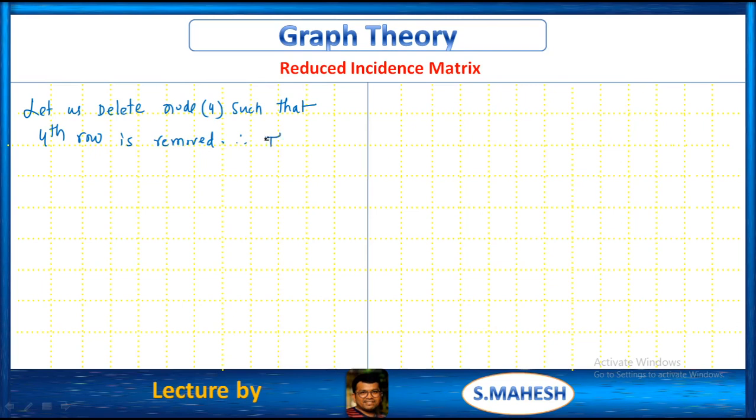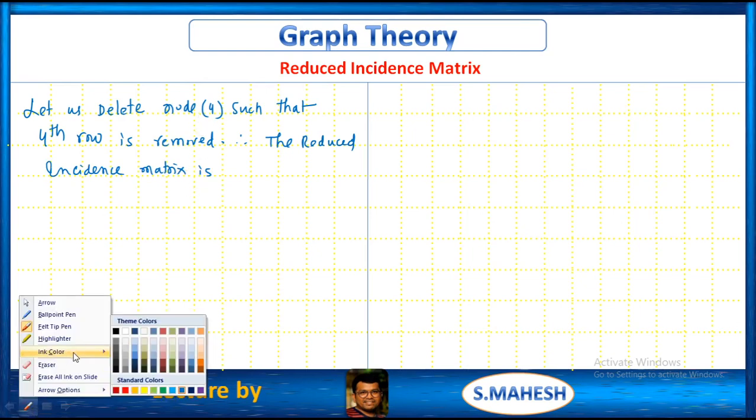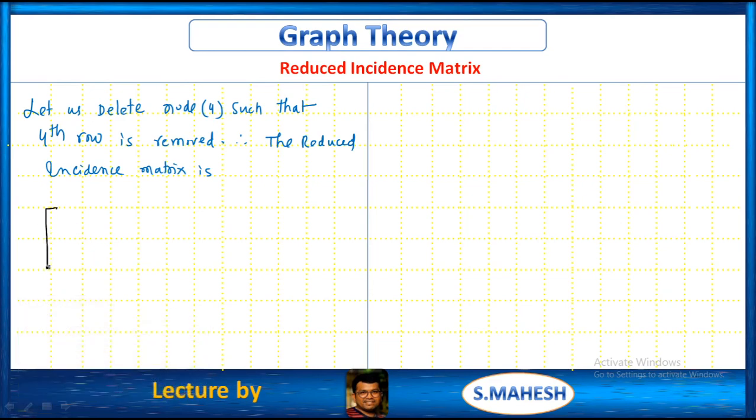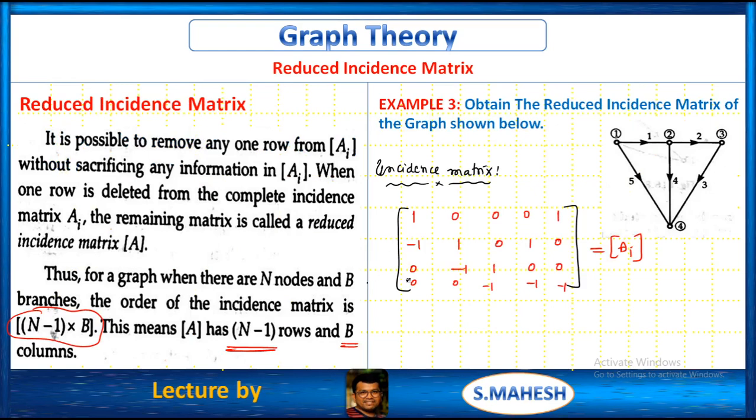Therefore, the reduced incidence matrix is simple. We just have to remove that fourth row. Just this row only we have to remove. That's it.